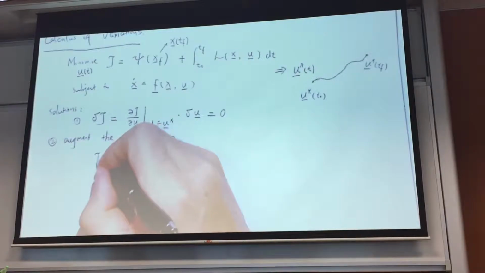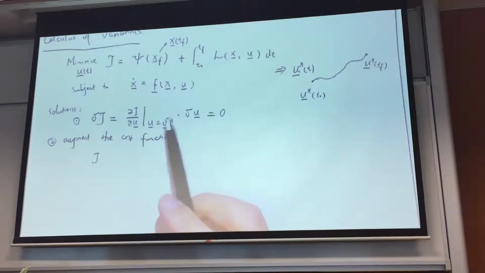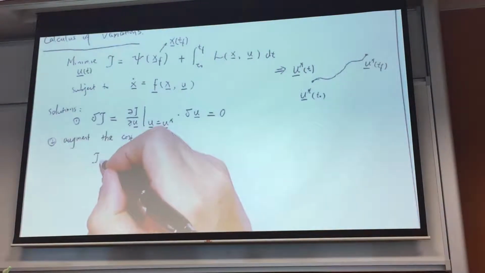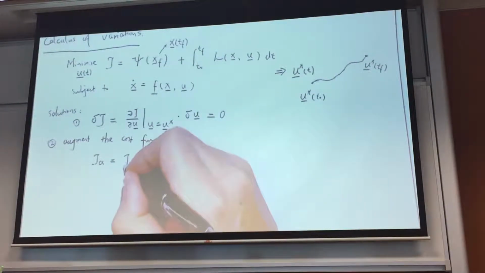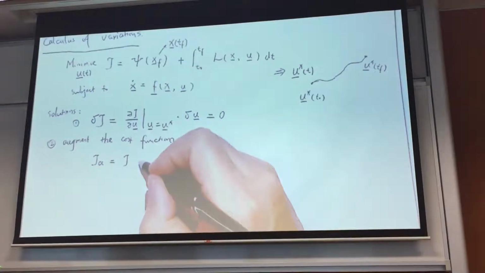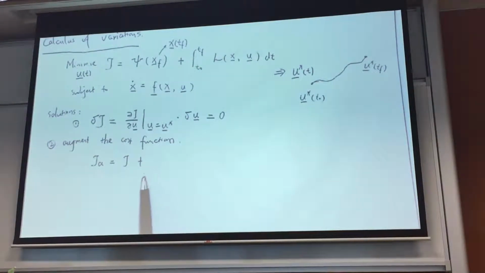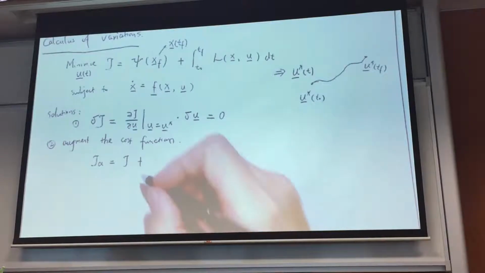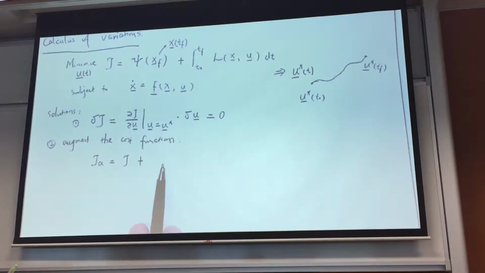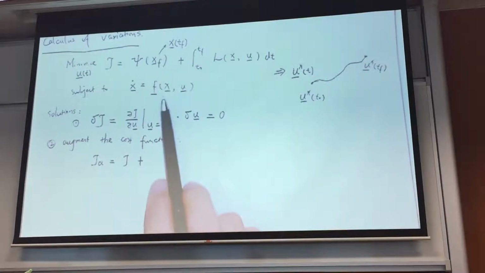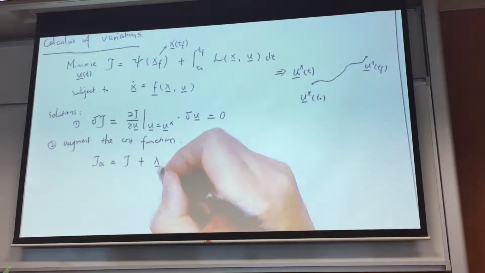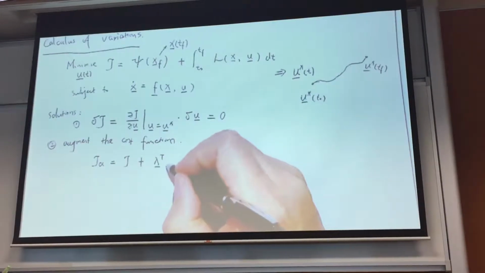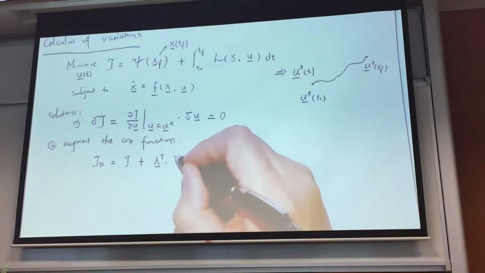Augmenting the cost function is quite similar to what we did before. The augmented cost function is equal to the original cost function plus the product between the Lagrange multiplier and the equality constraint. In mathematics, this is represented by this vector multiplied by another function.